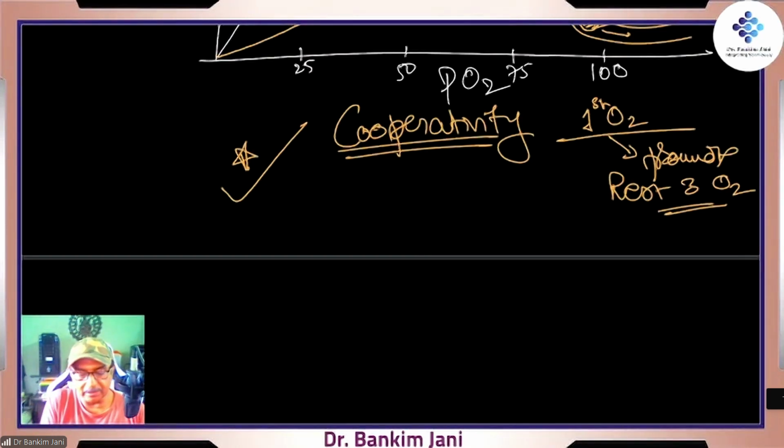What are the keywords? Reason for S-shaped curve. So the initial part is steeper, I'll not say smaller, but it is not that steep, because it is the first oxygen molecule which is undergoing the process of association. Once it is associated, it will call the others, and they'll say bye-bye to the alveoli and come.